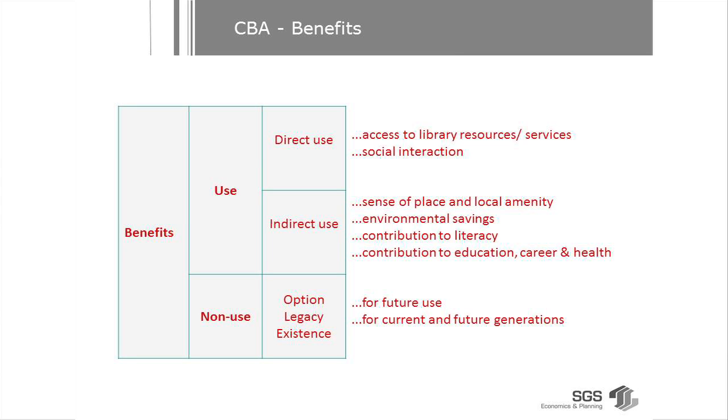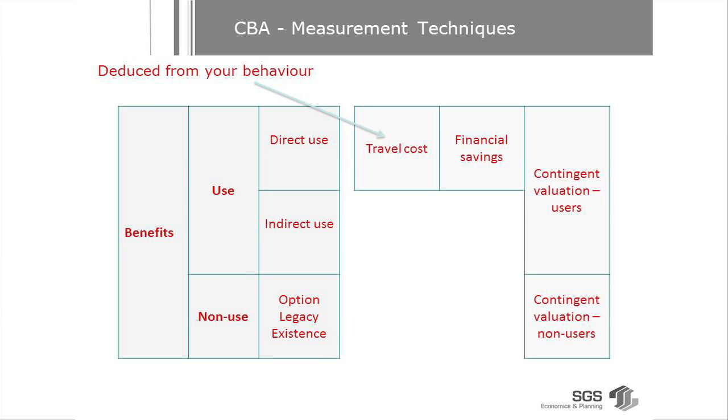The benefits from a CBA perspective were your direct user and indirect user benefits, as well as your non-use benefits. And we had three techniques for valuing that: the travel cost method, the financial savings method, and the contingent valuation method. Each of these methods was calculated using a different process.